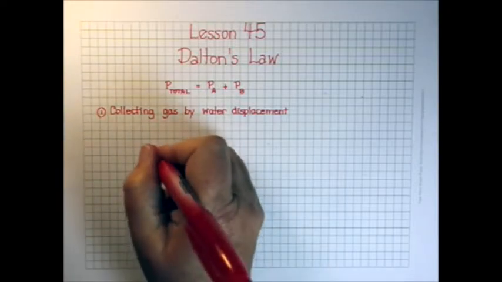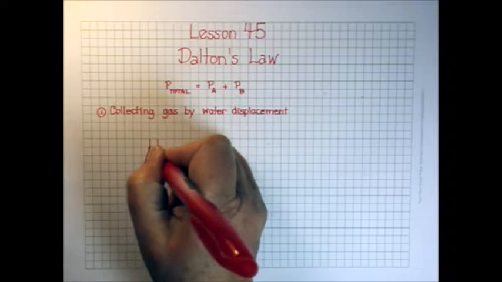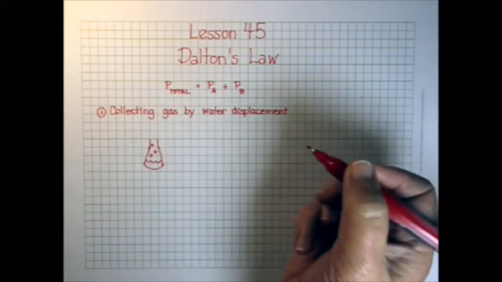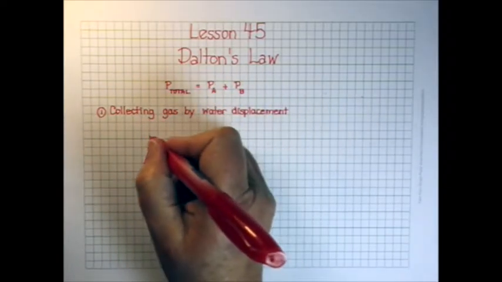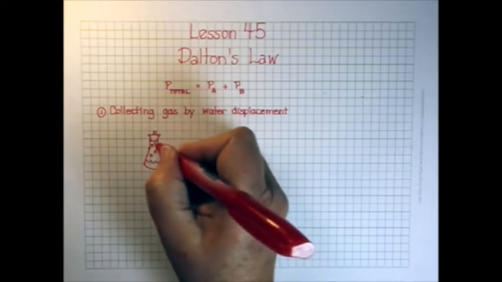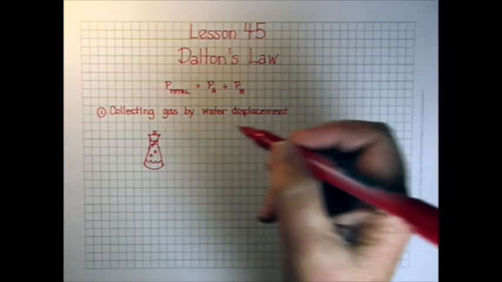Here is our reaction vessel, and our reaction vessel is producing bubbles of gas. That gas is what we want to trap. And so we put in it a rubber stopper that has one hole in it. Through that hole we put a little short glass tube.